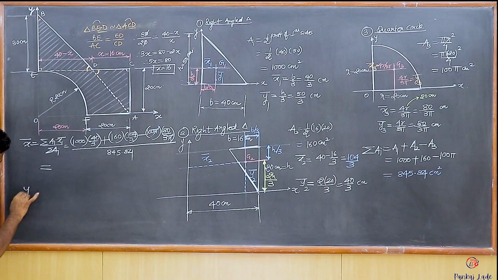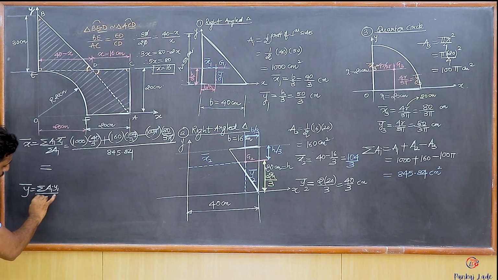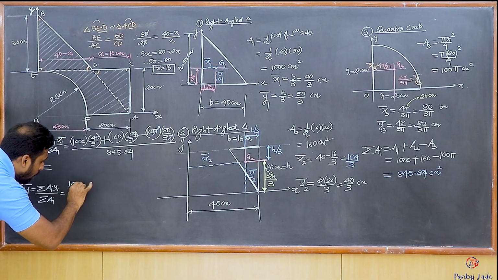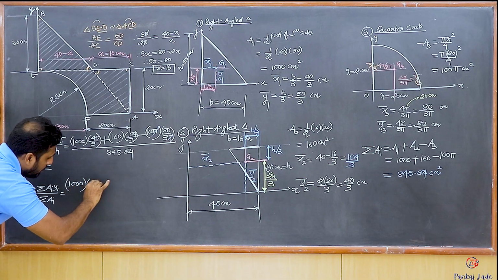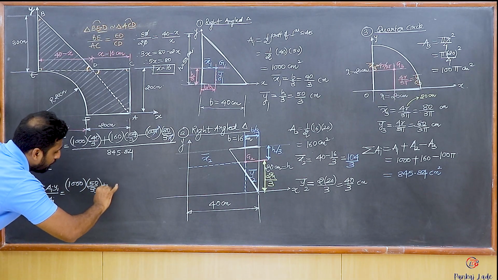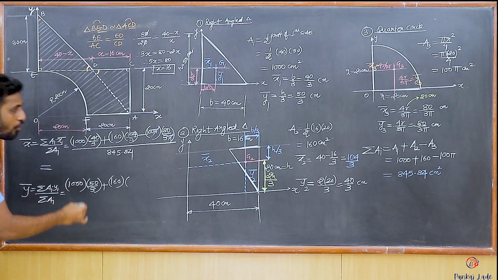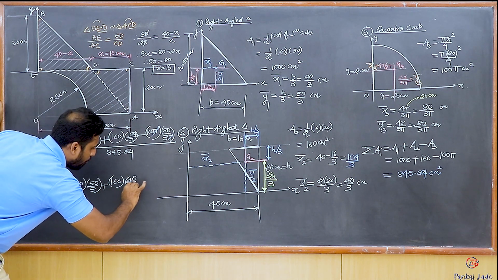Let's get the value of y bar also. It is going to be summation of ai into yi upon summation of ai. So let's do this summation of ai yi, students. I have this again 1000 into this time 50 upon 3, then plus 160 multiplies with what's y2 bar? It's 40 upon 3.